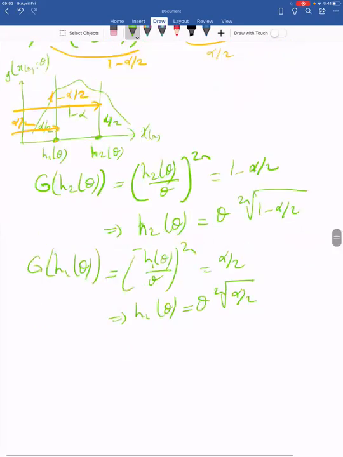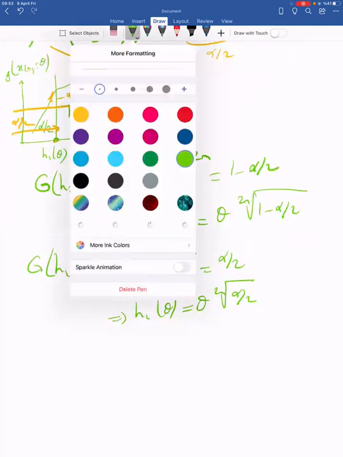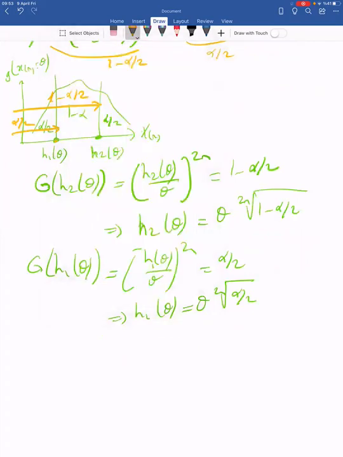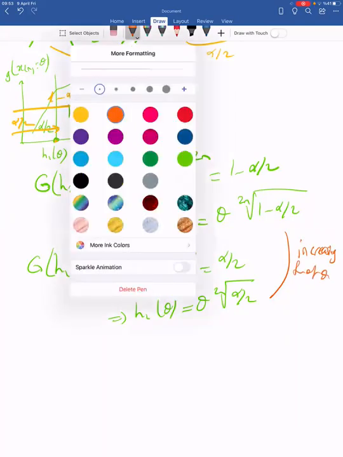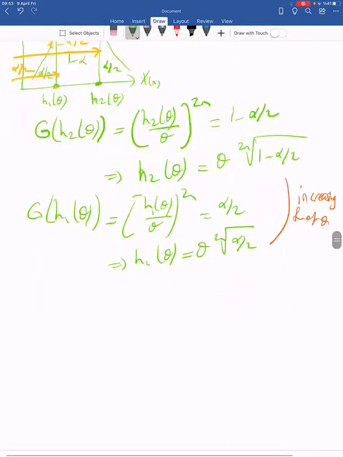So again, when we look at the form here, these are both increasing functions. I will find a function which is a decreasing function of theta. Then this means that when I equate our sufficient statistics to h2, I will get the lower bound for theta.